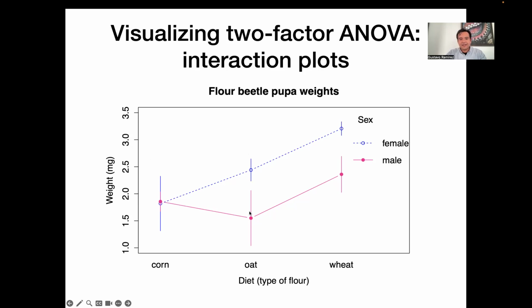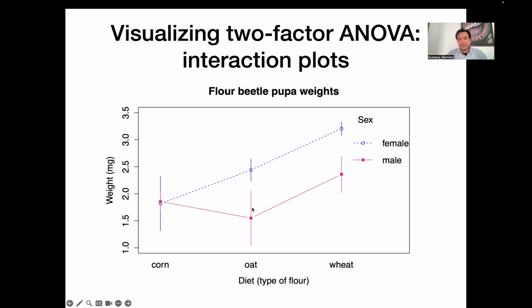All right. So what else do we have here? We have the next level over, because we got a total of three levels for diet. When we look at oat relative to wheat, we see a net trend for both males and females of gaining more weight on average for these pupa.